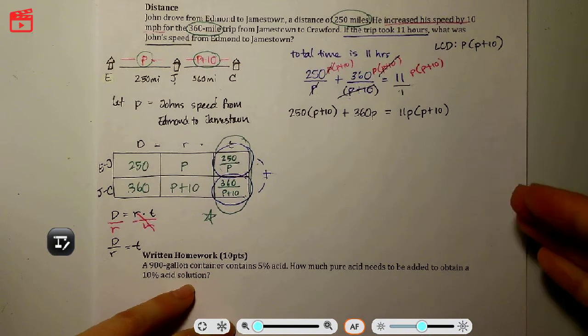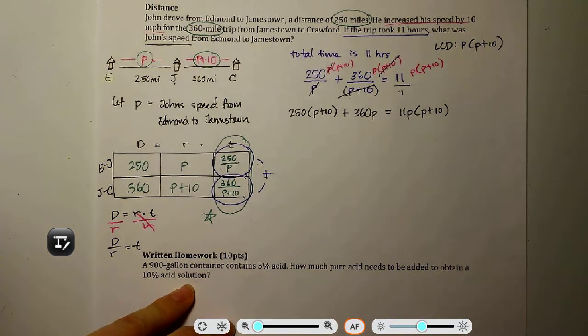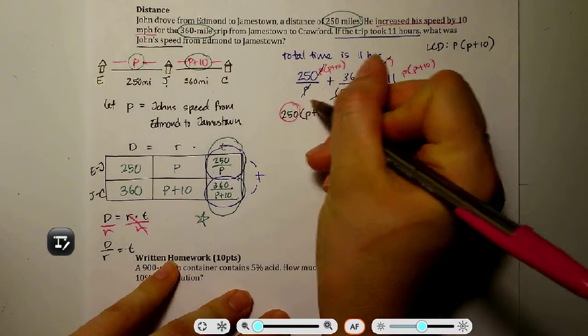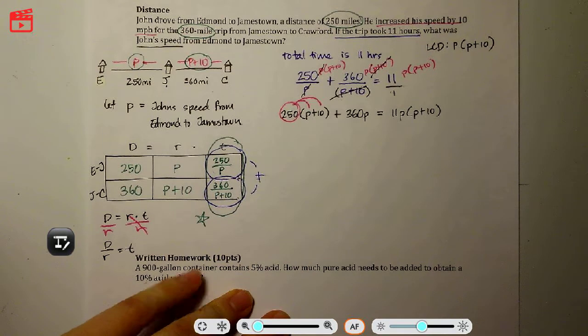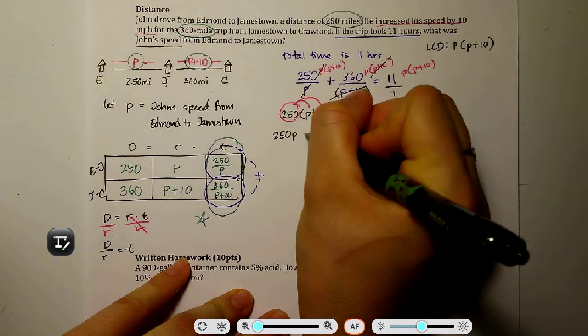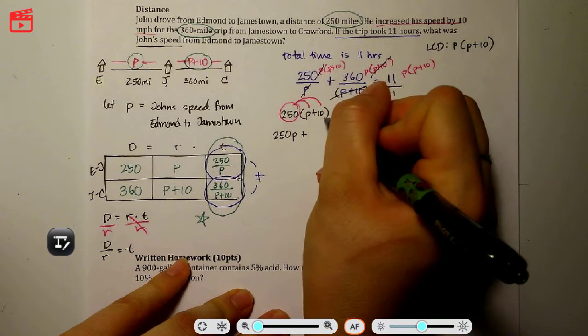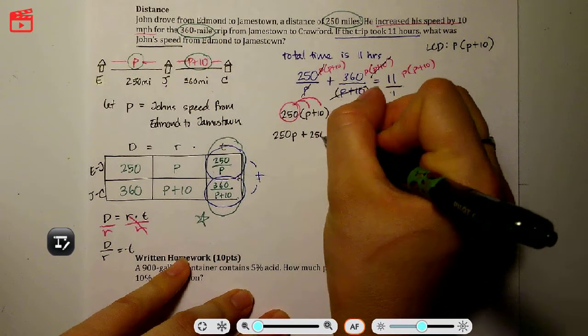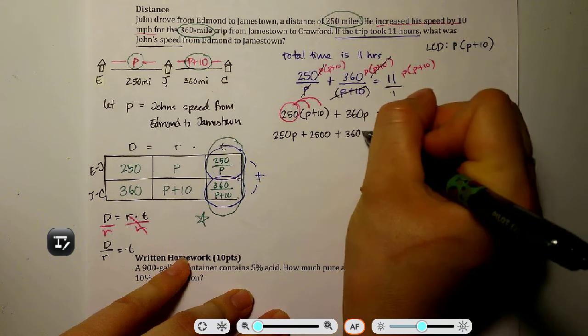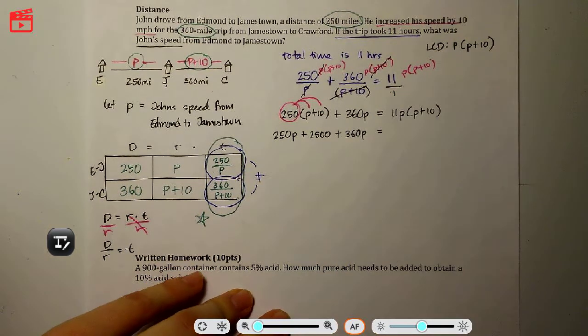Whew, but look, we got rid of the fractions. All right, let's go ahead and simplify this a bit. We can use the distribution property, so that's going to give me 250 times P plus 250 times 10, which is 2,500, plus 360P, that is simplified, equals.